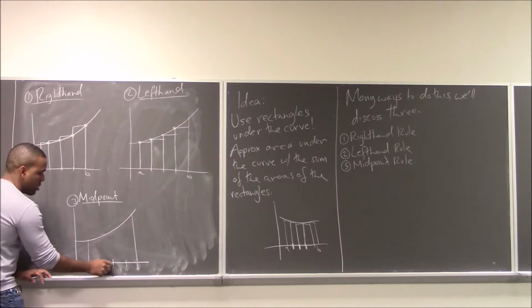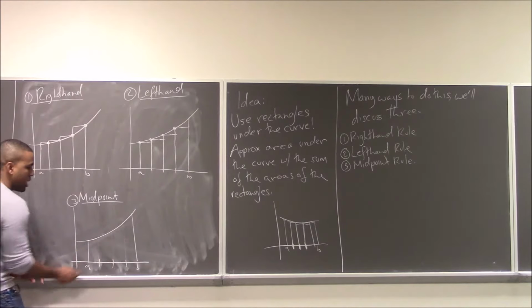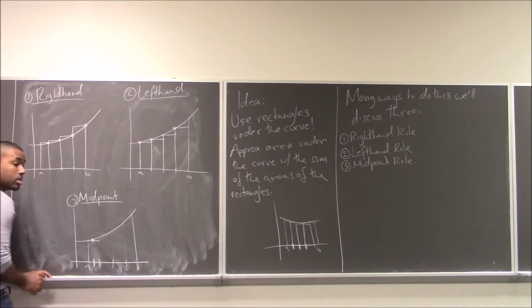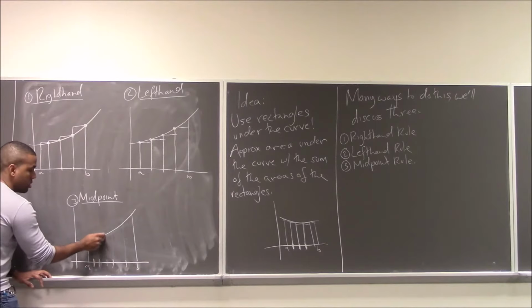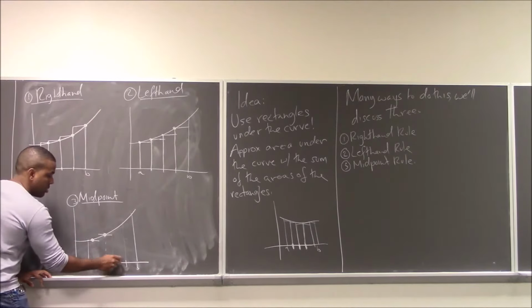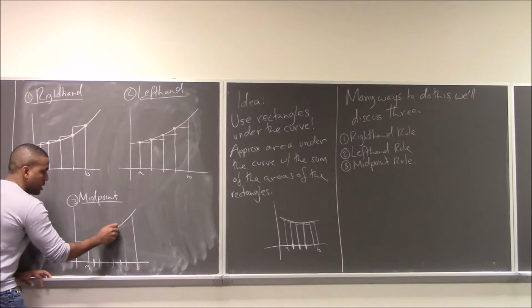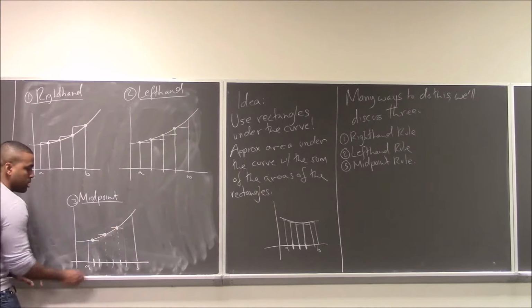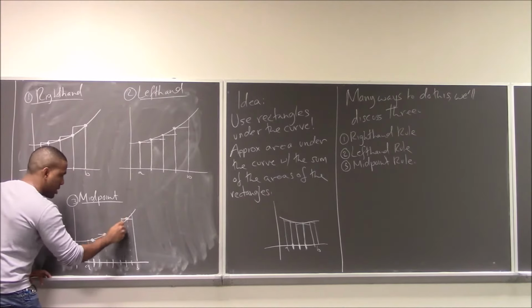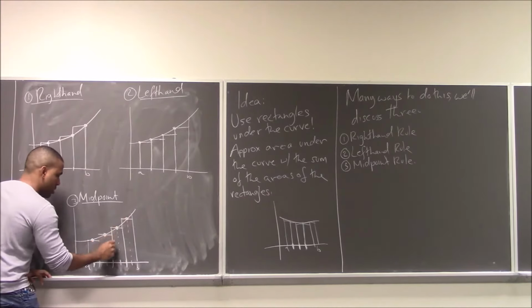Sure, these form intervals on their own, but what I do is I then go in and take the middle value, and I move that up, and I take that as the height of my rectangle. Middle value, that's the height of my rectangle. So then I get sort of this thing going on.